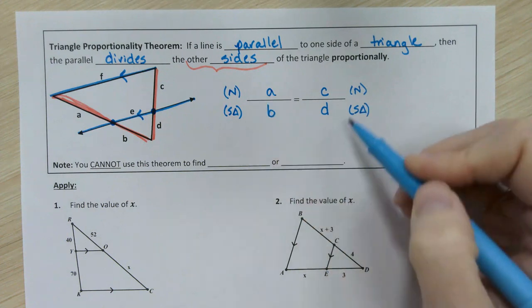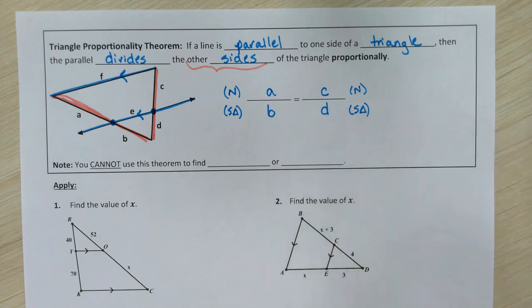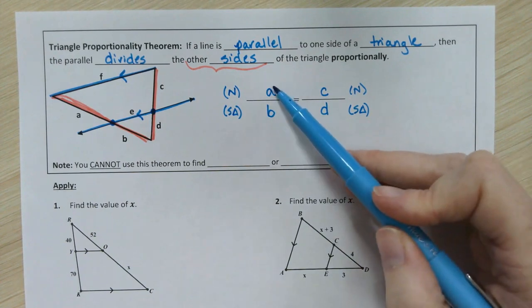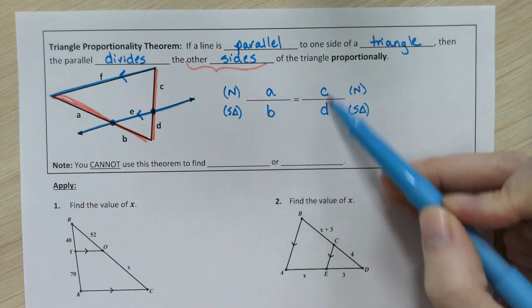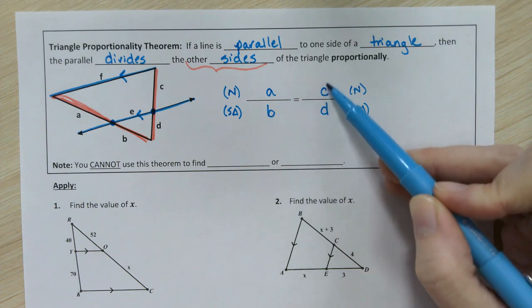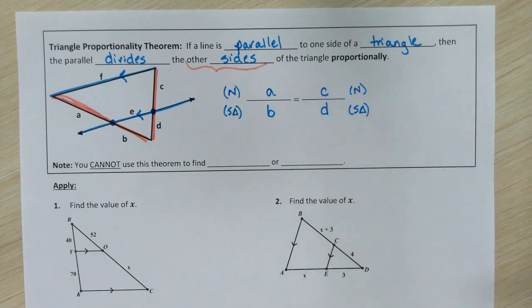So we can set our proportion up that way, or we could flip it upside down, which is what we saw in the proportion on the front. We had the small triangle side on the top, so that would look like B over A with the neither piece on the bottom, and then this side would flip to correspond. Small triangle side would be D over C, the neither piece.